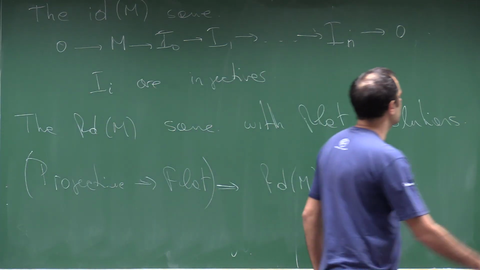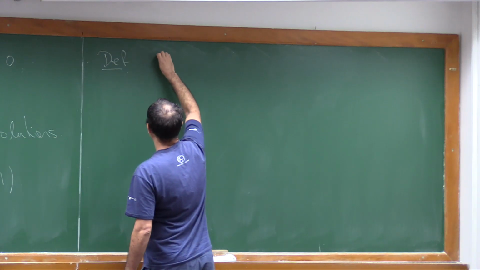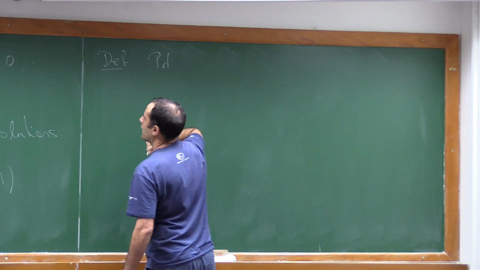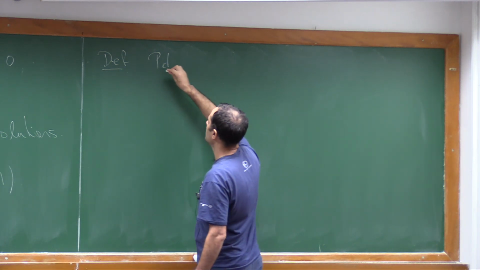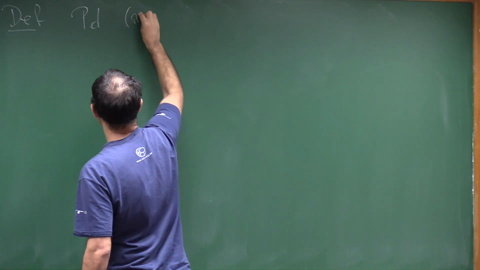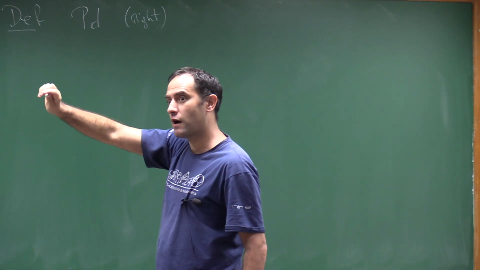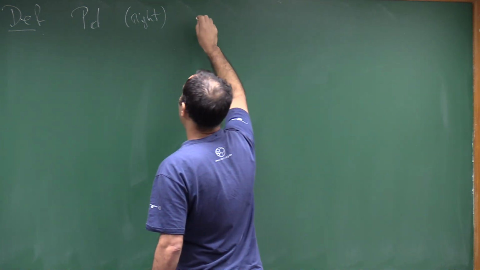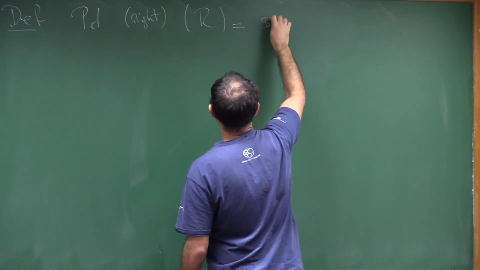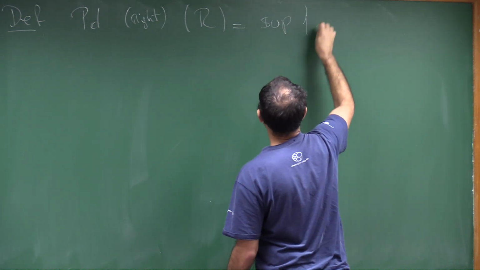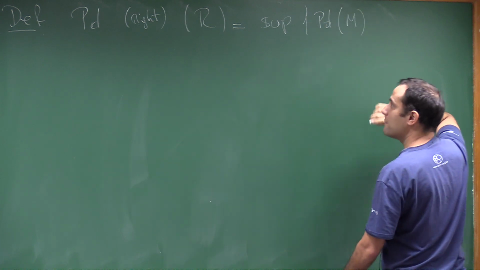And then the actual definition is this. The projective dimension, and here it does depend whether or not we're taking left or right R modules. So this is the right projective dimension because we're looking at right R modules. The right projective dimension of the ring R is equal to the supremum of all the projective dimensions of the modules M, where M is a right R module.